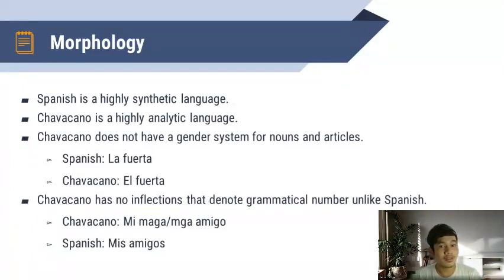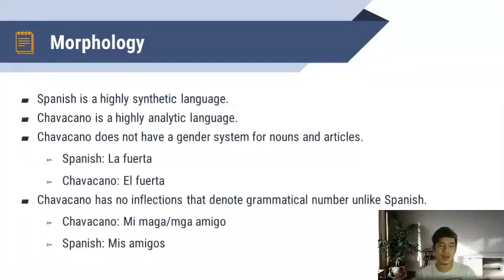Chavacano has no inflections that denote grammatical number, unlike Spanish. So we say, for example, in Chavacano, mi mga amigo, which means my friends. In Spanish, this statement is said as mis amigos.